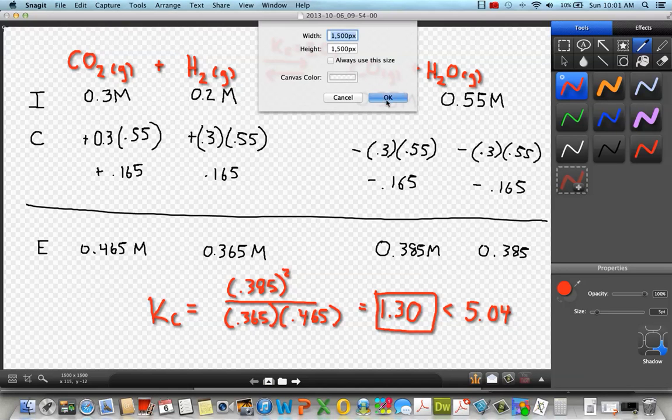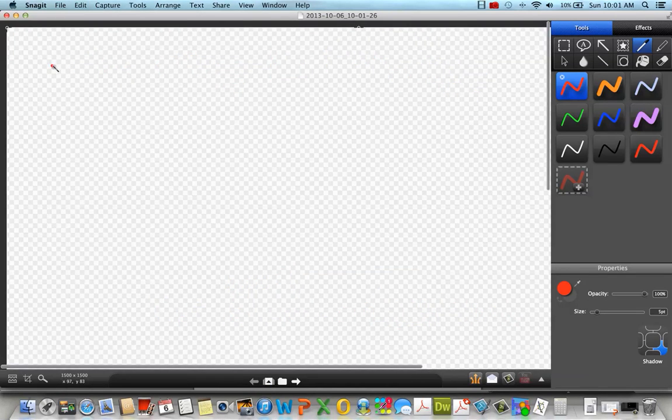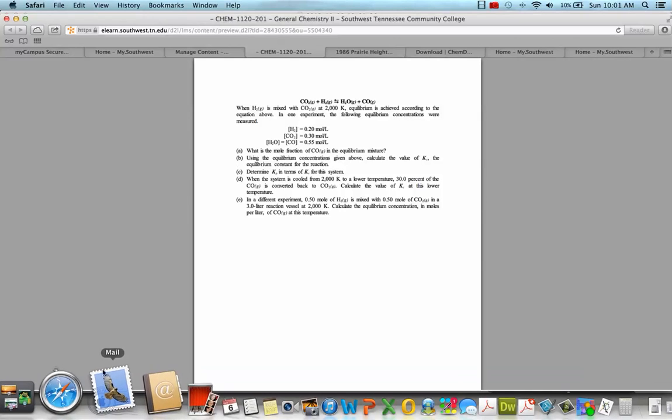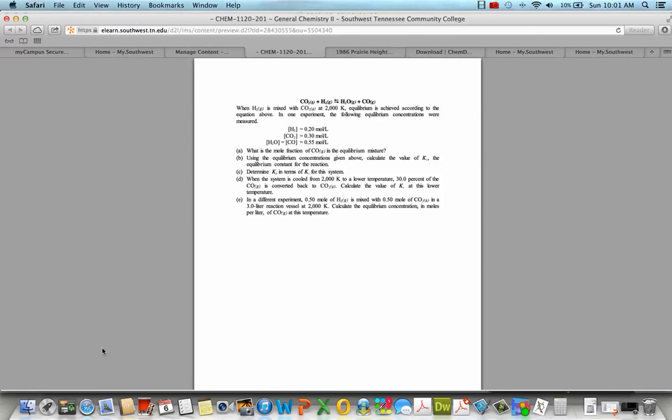Finally, let's look at part E. Part E asks, in a different experiment, 0.5 moles of H2 is mixed with 0.5 moles of CO2 in a 3-liter reaction vessel at 2000 Kelvin. Calculate the equilibrium concentration in molarity of CO at this temperature.